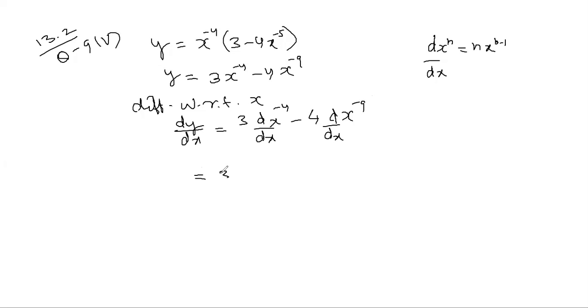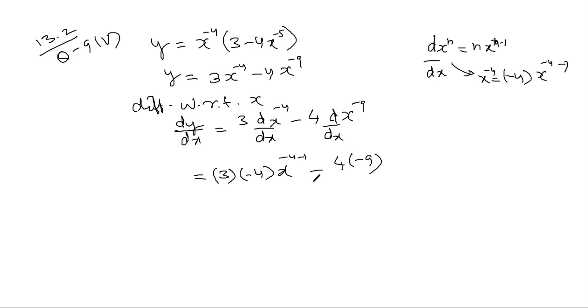So now 3 in bracket I am putting, because minus 4 will come. So minus 4 x raised to power minus 4 minus 1. And then minus 4 into minus 9 nx, and minus 1, because x raised to power minus 4, so according to this formula, this is n, minus 4 n x raised to power minus 4 minus 1, so minus 5.